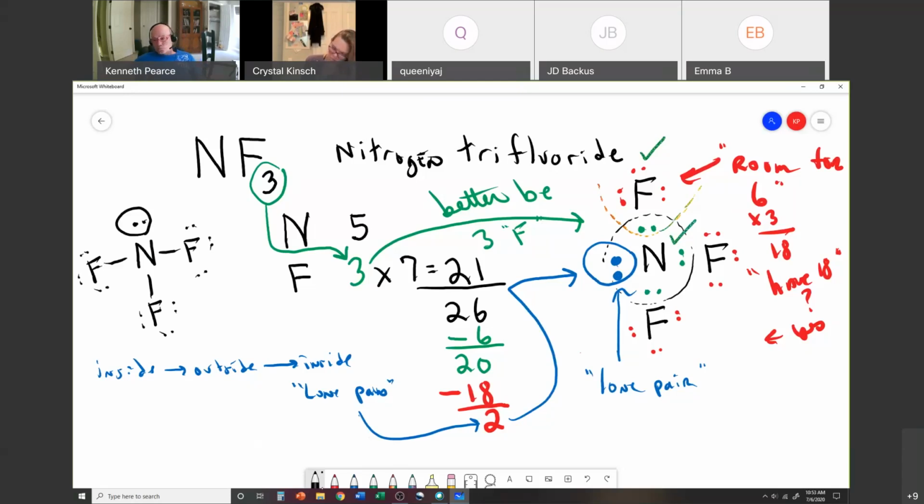There we go. Nitrogen trifluoride ends up with a lone pair. So extras, if you have any extras, they go as lone pairs. That's what you do with them. They go as lone pairs, okay? That's where they belong.